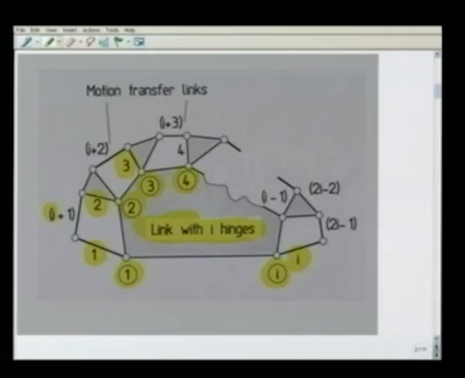Accordingly, these are I plus 1, I plus 2, I plus 3, and so on up to 2I minus 1.